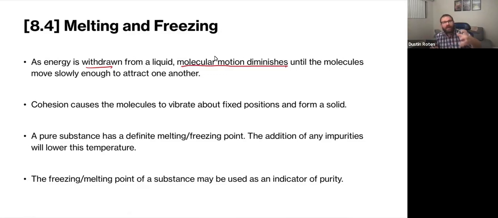And then once that happens, all of these molecules will attract to one another. So cohesion, which would be those molecules sticking together, actually causes the molecules to vibrate around fixed positions. Basically, they have less freedom, right? So their positions are fixed. And because they all become fixed like that, that essentially forms a solid. So, sorry, this is the process of freezing.